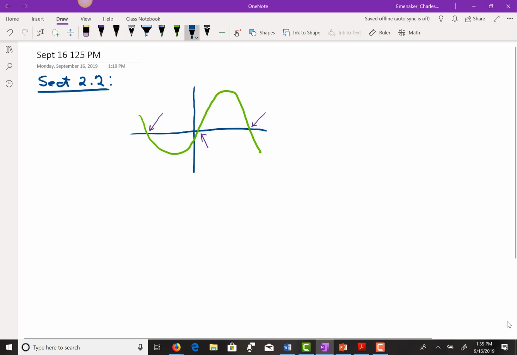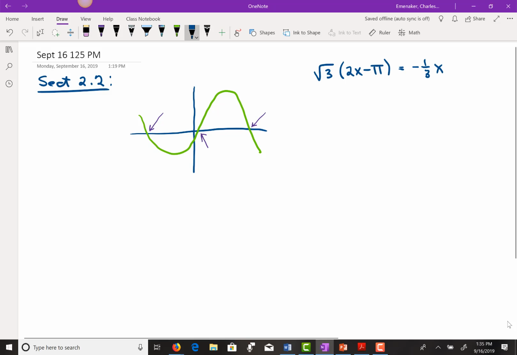Or, for that matter, finding where, if you have something like this, let's say we have the square root of 3 times 2x minus pi equals a negative 1/3 x. In this case, we have two equations, two functions, one equal to the other. And you want to figure out where these two things equal.